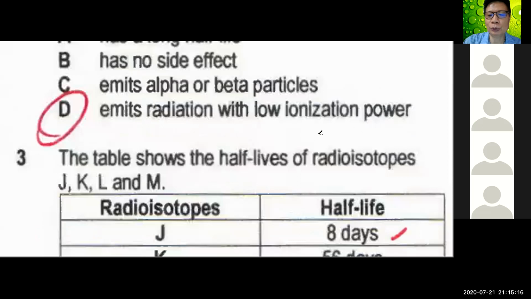Okay, number 3. Which one is the most suitable? Given a radioisotope J, K, L, M and the half-life, which radioisotope is most suitable as a tracer in human body?